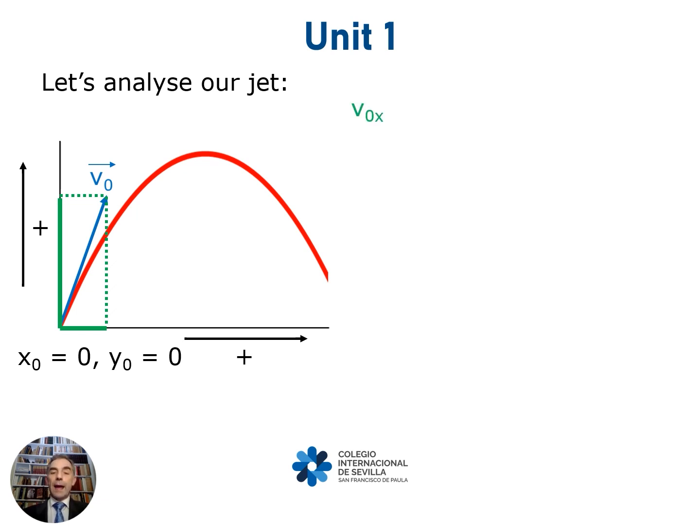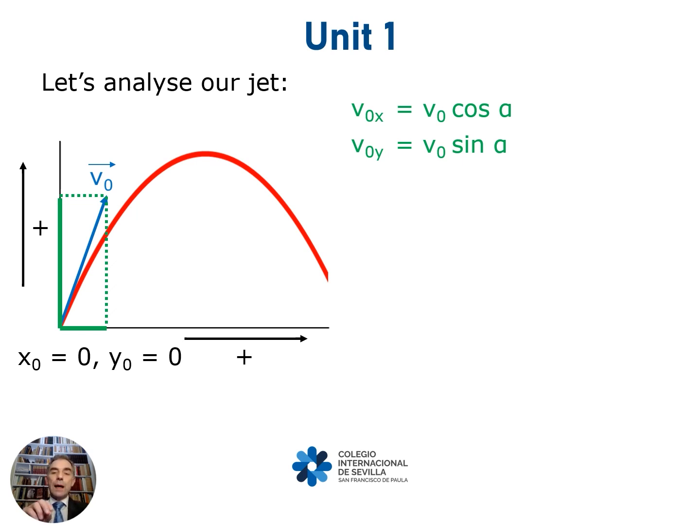Therefore, V0x, as we saw in the previous lesson, is V0, the length of the arrow, times the cosine of the angle it forms with the horizontal, which is alpha, and it corresponds to the contiguous side to the angle, whereas V0y is V0 times the sine of the angle, and it corresponds to the opposite side to the angle.